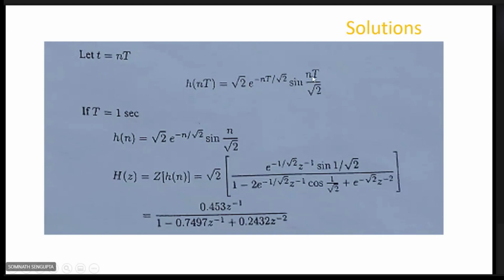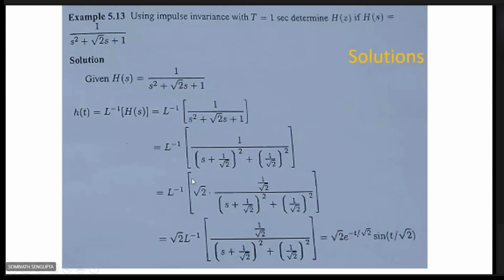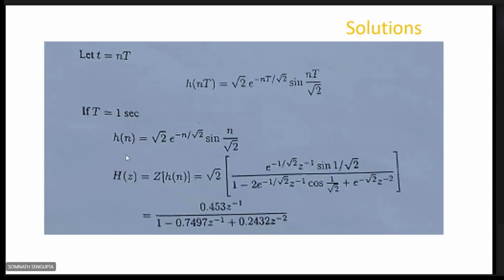And T is equal to 1 second, so it becomes this one. So this is h(n). Now you can calculate H(z) from here. So H(z) is the z transform of h(n), it is actually this one.